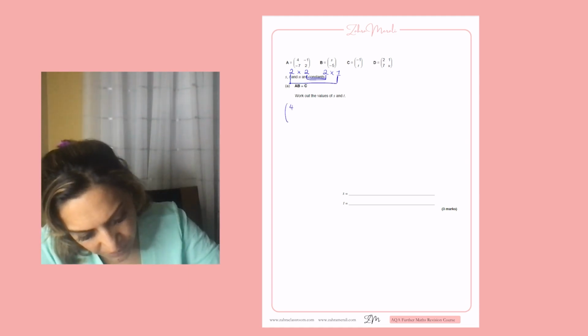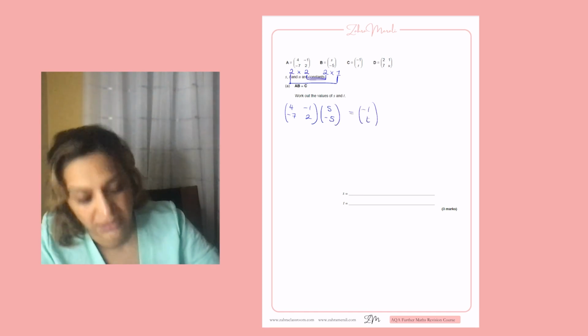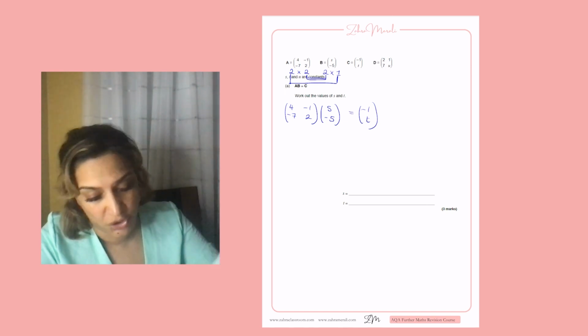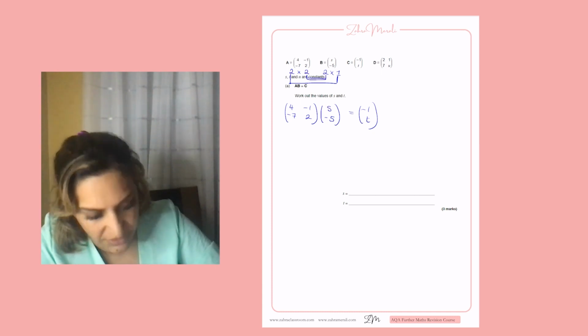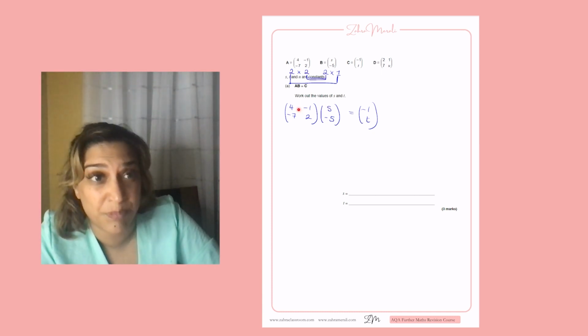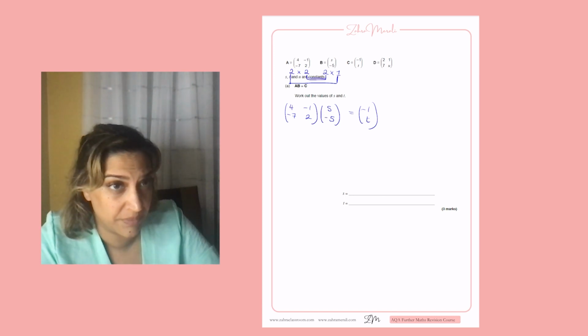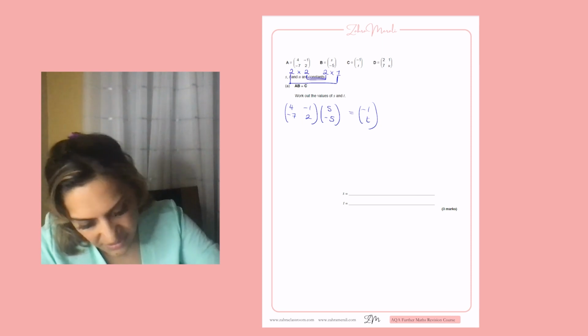So we've got (4, -1; -7, 2) multiplied by (s; -5) to give us (-1; t). You're multiplying each row by each column. Essentially you've got 4 times s, sorry, it's not 5, that's an s, apologies.